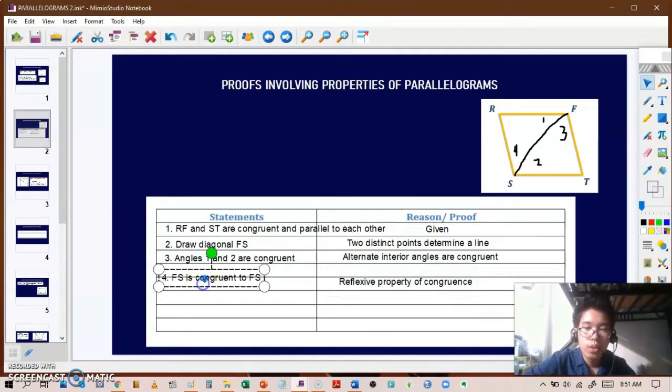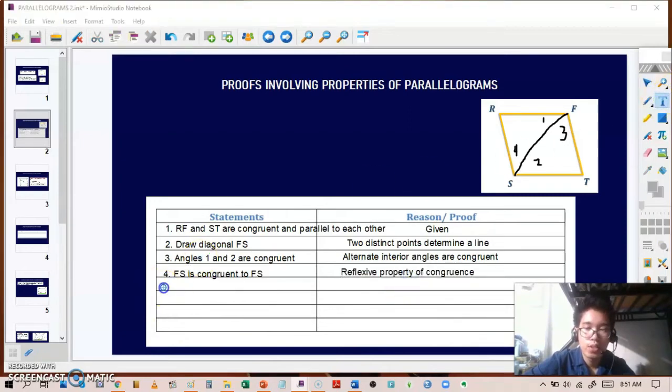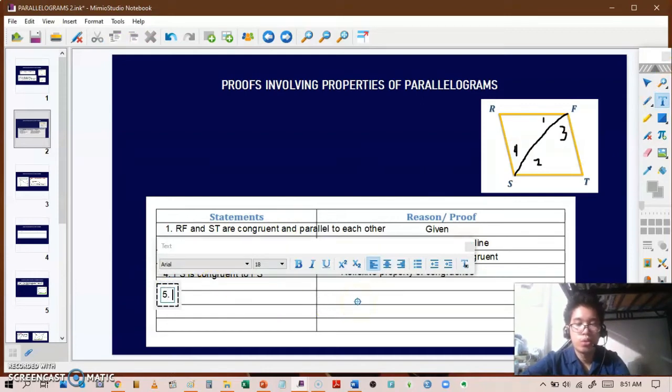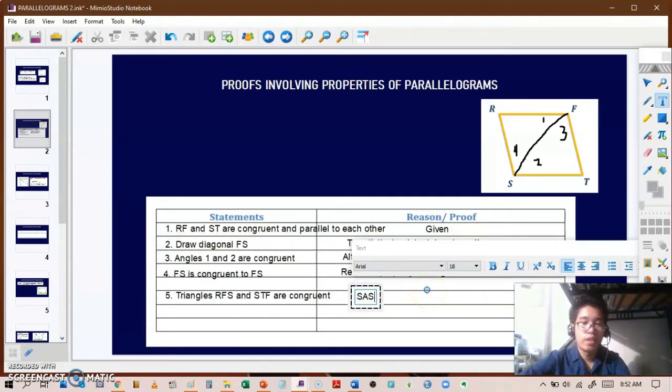The triangle congruence postulate that we're leading to is SAS. So now we can say that triangles RFS and STF are congruent to each other through the side-angle-side, or SAS, triangle congruence postulate.